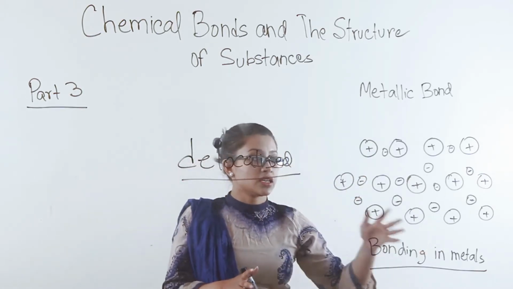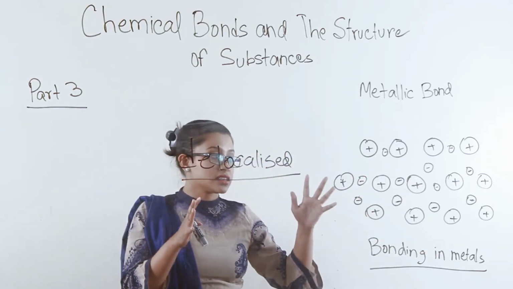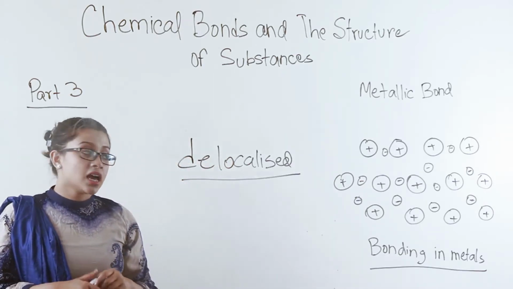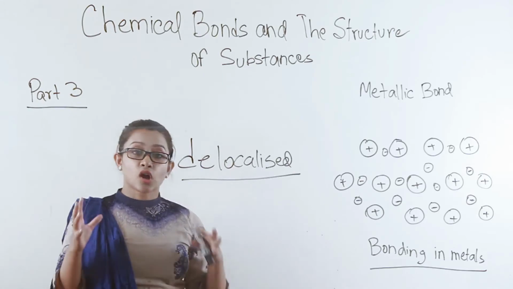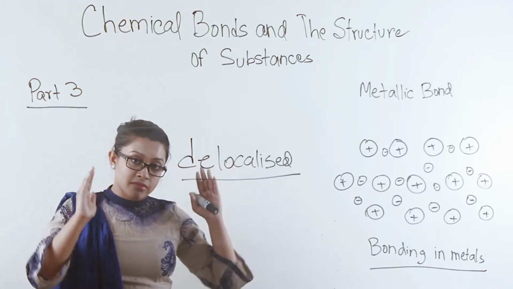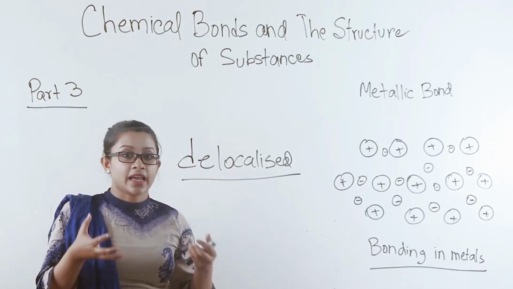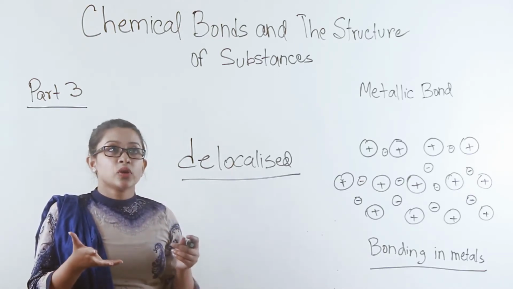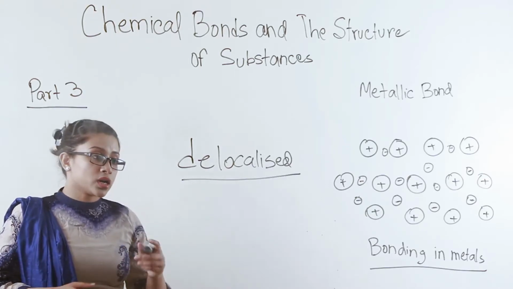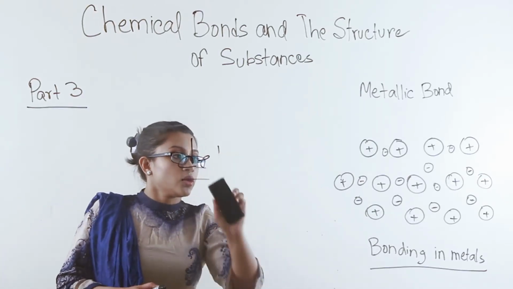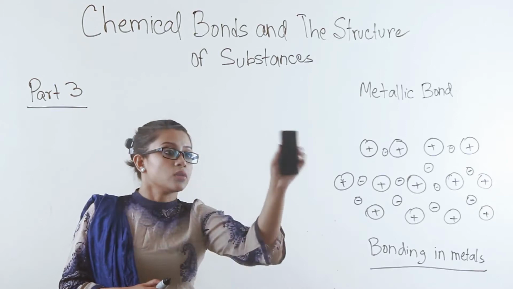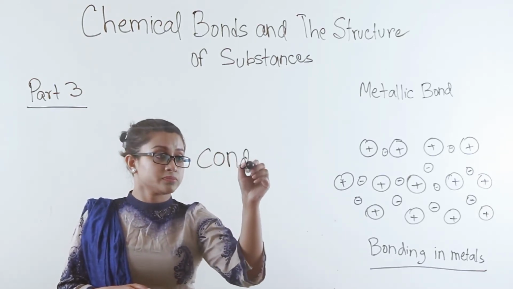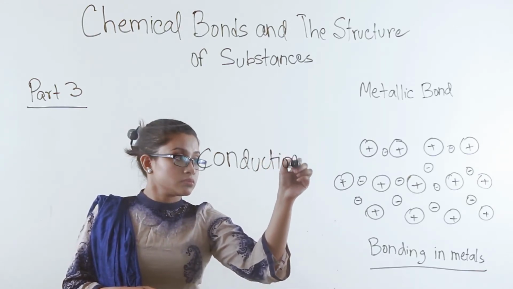Also, the positioning and arrangement of these ions and electrons allows metals to be very good conductors of heat. Let me tell you how. These are compactly packed metal atoms, and if you have studied physics, you know what the kind of heat transfer, conduction, means.